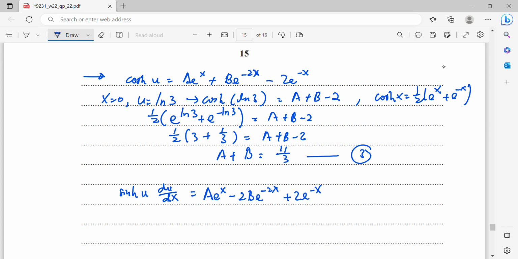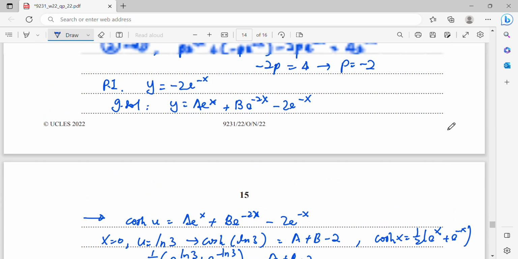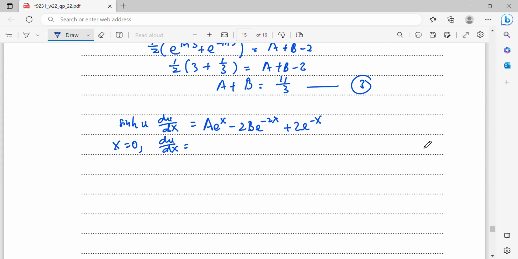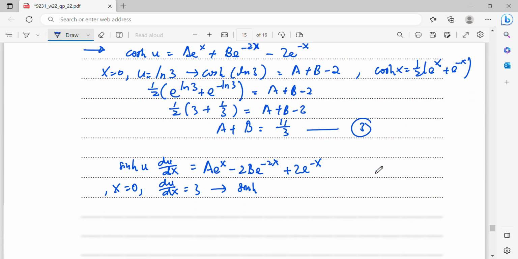So now again, replace the x value by 0, and then the du/dx by the given value. Let's check. The du/dx is 3. Now, sin u. x is 0, your u is ln 3.